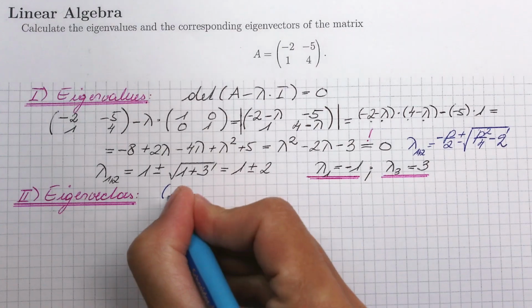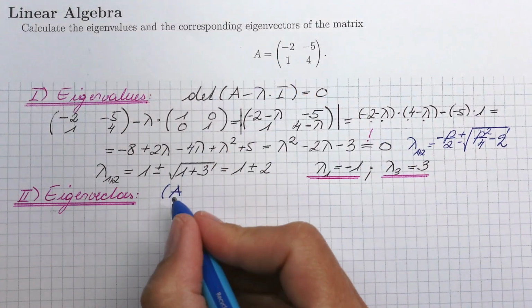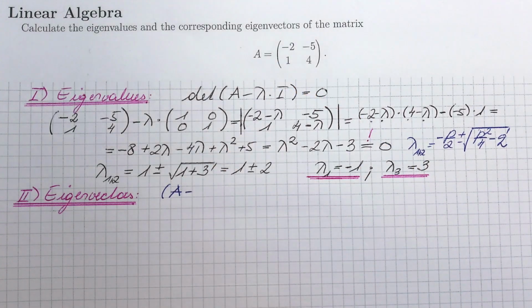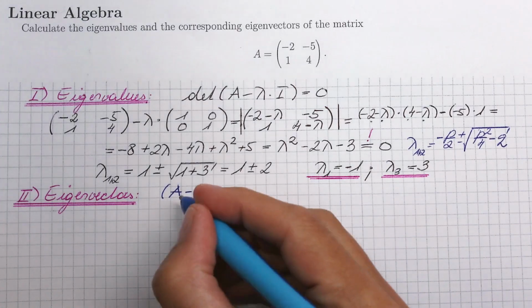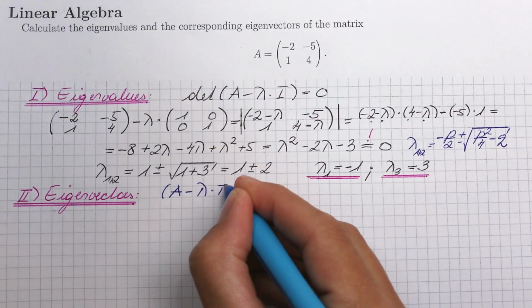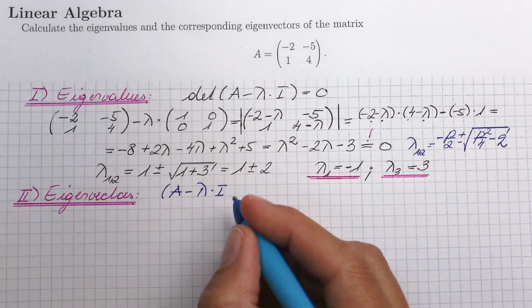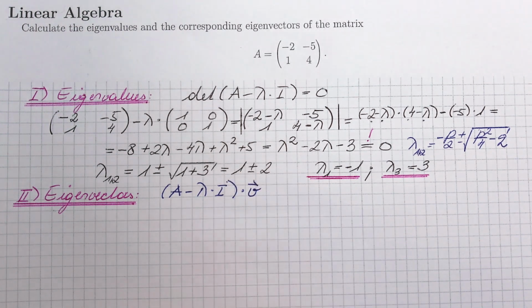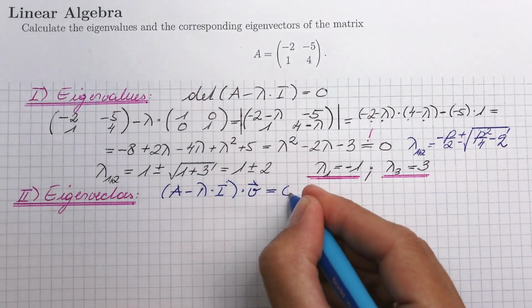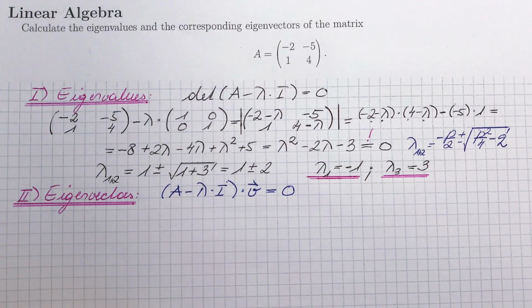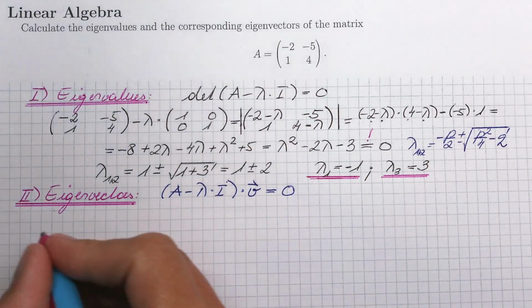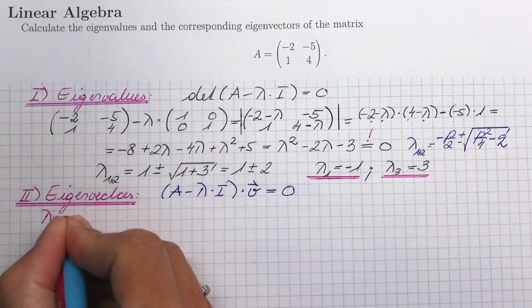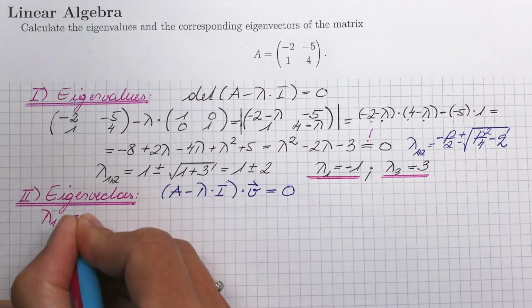It's the matrix A minus the eigenvalue times the identity matrix times the eigenvector, call it V, and this is 0. Now let's start with the first eigenvector, lambda 1 equals minus 1.